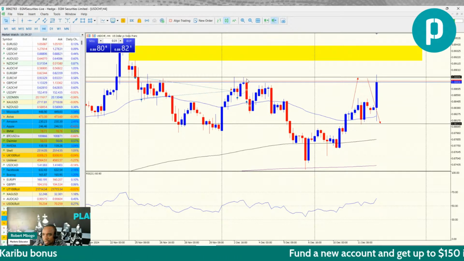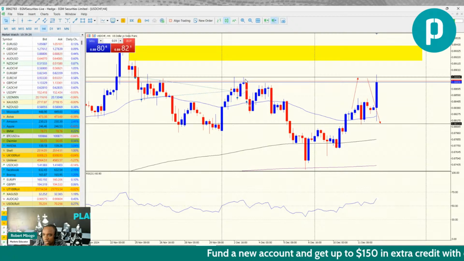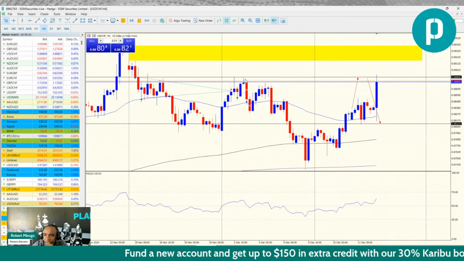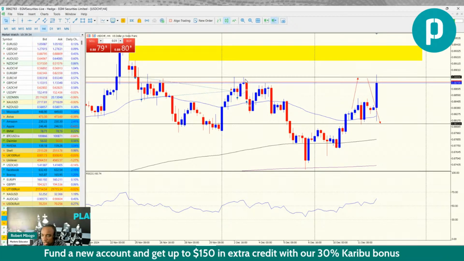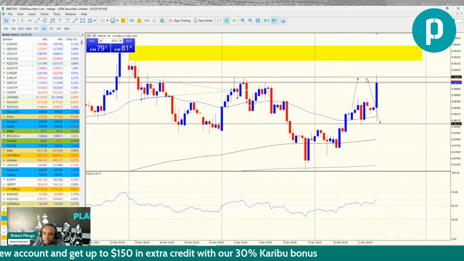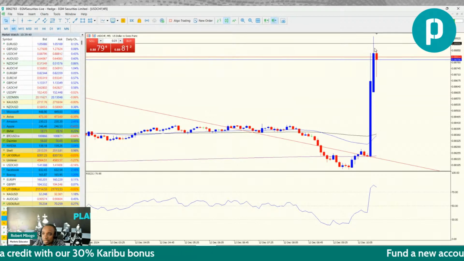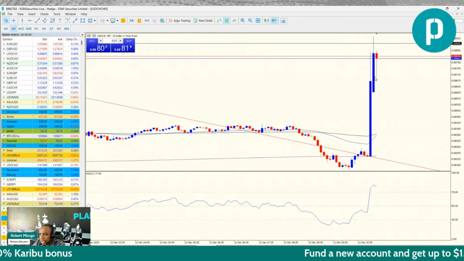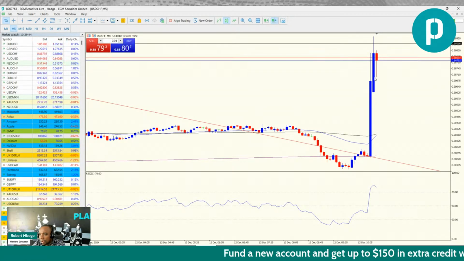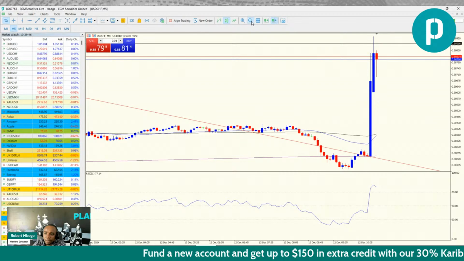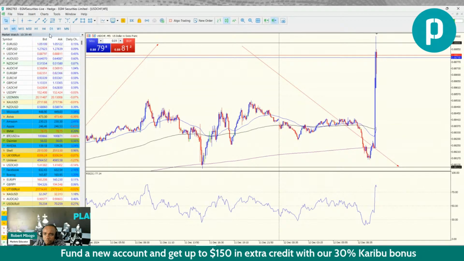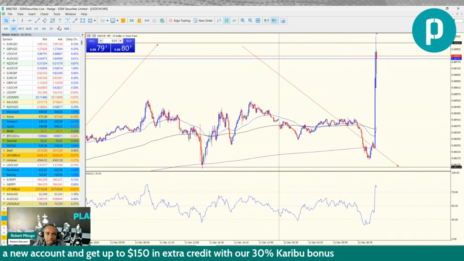I've been training this in our masterclass sessions, and everyone who attends our mentorship sessions from 11 to 12 p.m. we do cover these areas. You can see how that area is holding, right? These are sellers trying to push. They've already pushed this market down for around 18 pips, but I'm still bullish on USD CHF.